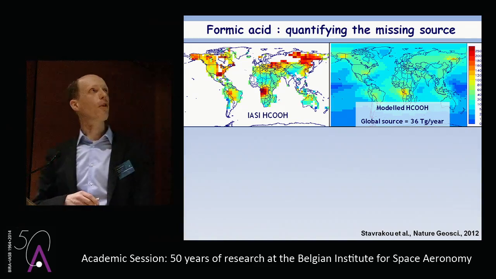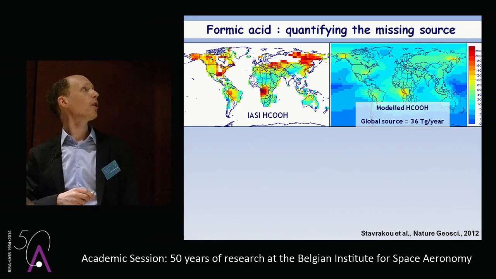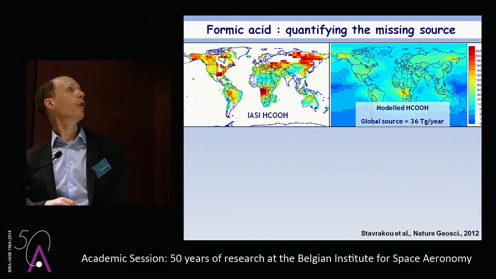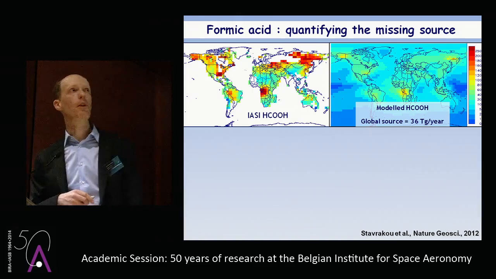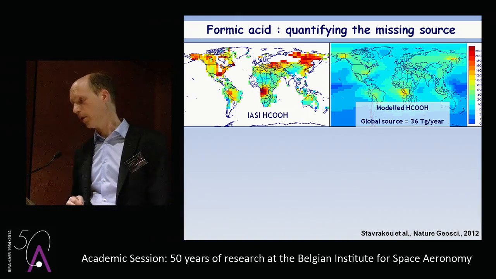So in the case of formic acid, that's mostly a biogenic compound. We have also IASI observations of this formic acid, also from the ULB, and the model underestimated quite a lot the sources of formic acid.